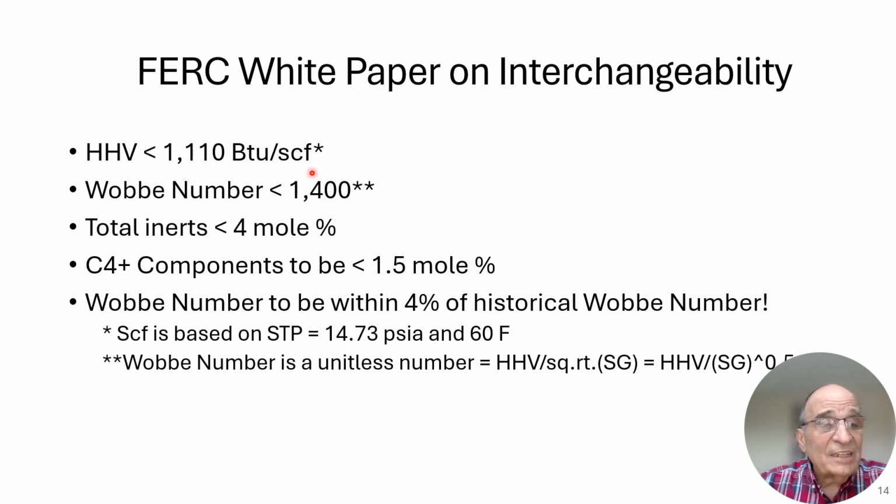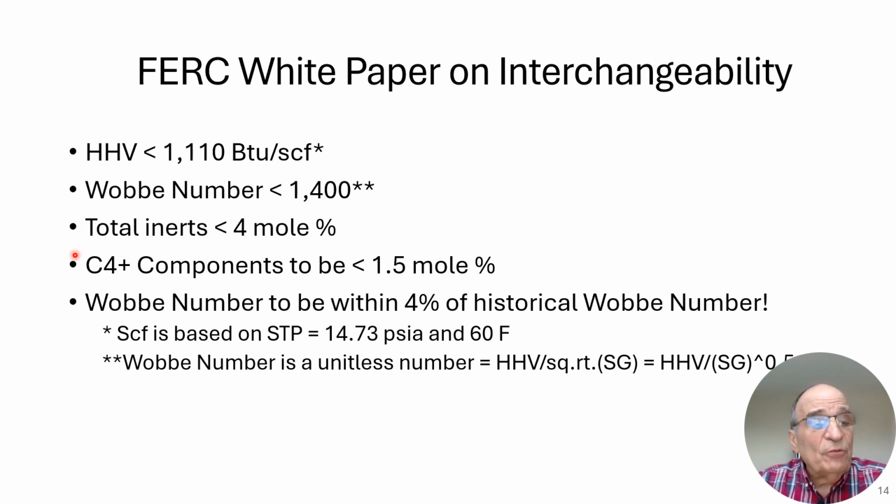1,110 BTU per standard cubic foot maximum. Your Wobbe number, which is a unitless number, needs to be less than 1,400. The total amount of inerts, that's non-hydrocarbon gases, needs to be less than 4 molar percent.